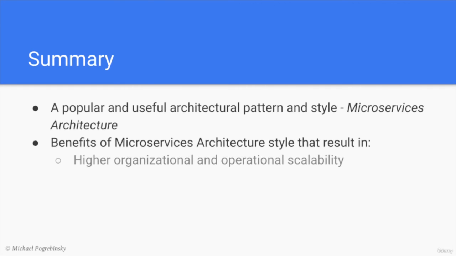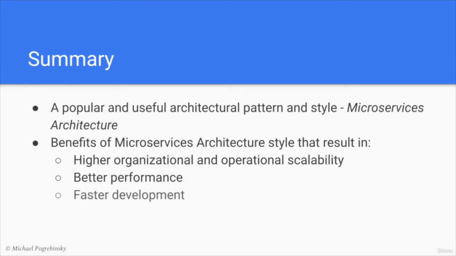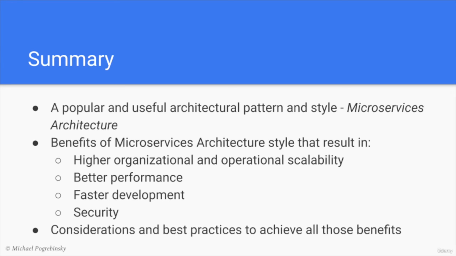All those benefits result in higher organizational and operational scalability, better performance, faster development, better security, and so on. And finally, we talked about a few considerations and best practices that we need to follow to achieve all those benefits when we use microservices.